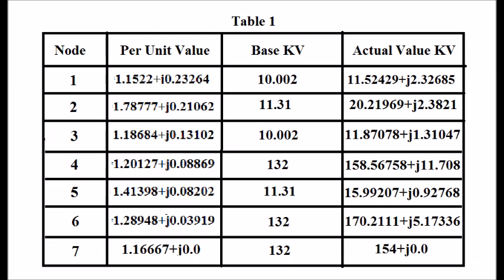Voltages of 7 nodes are given in per unit value and converted to actual value by multiplying base kV corresponding to the zone as shown in the table 1.